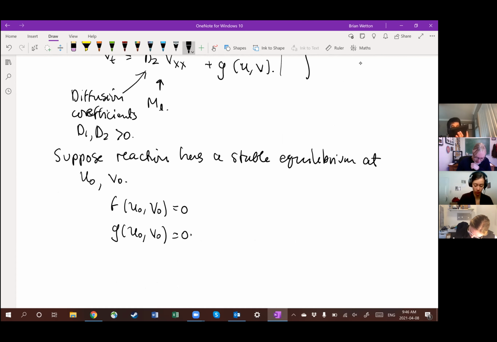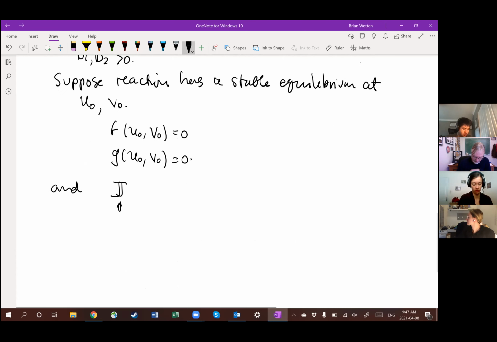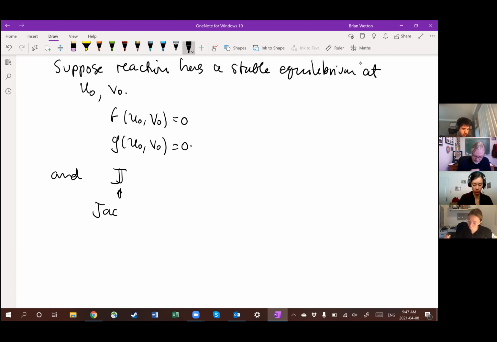Okay, and I want it to be asymptotically stable. So I want this thing to have a negative exponential behavior towards that equilibrium. And you can look at that by looking at the Jacobian matrix of partial derivatives.